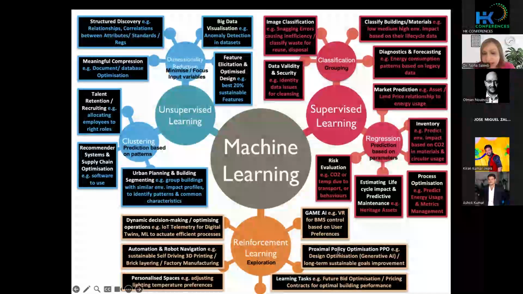And lastly, we have been using it for future bid optimization. So how do you write a best bid for pricing, best building performance, and include that in the bid? So these are all things that can be done in life cycle analysis using AI algorithms.